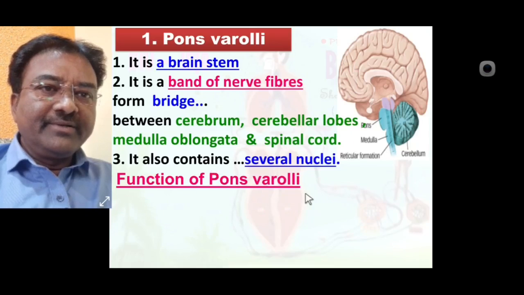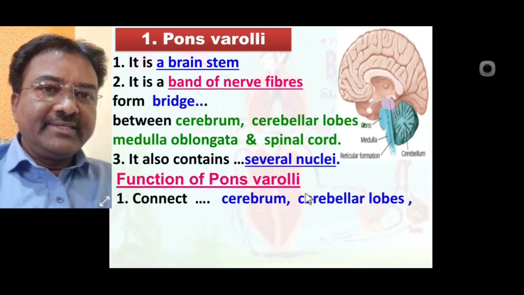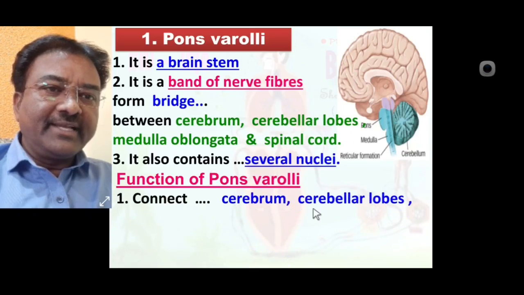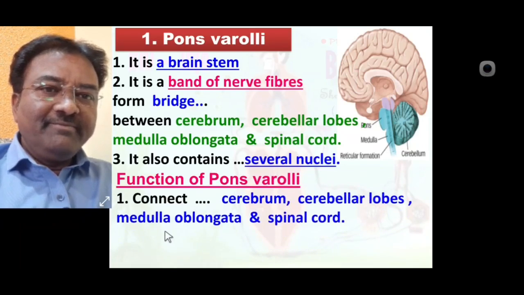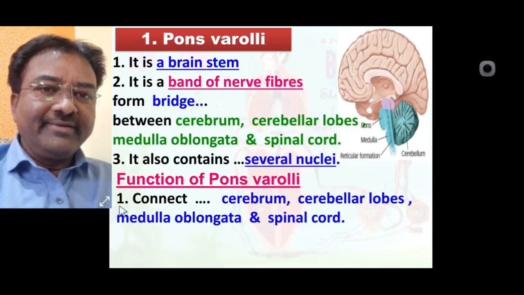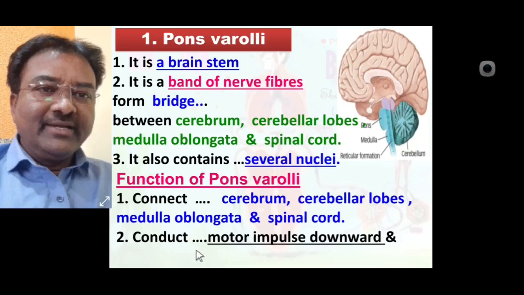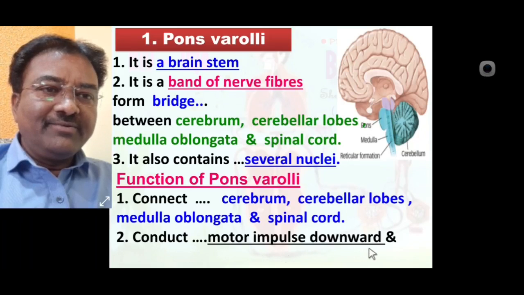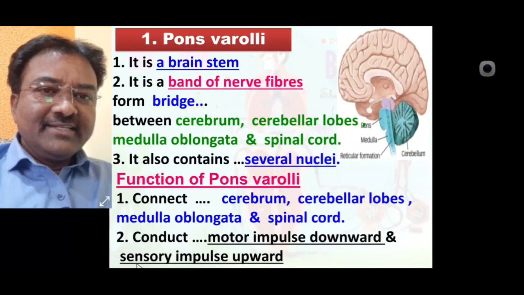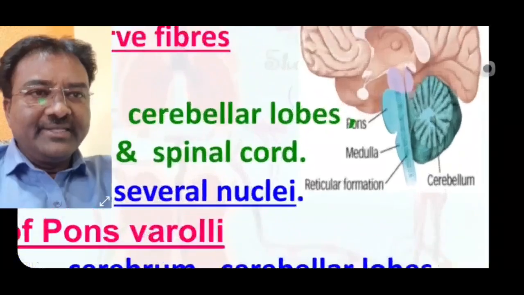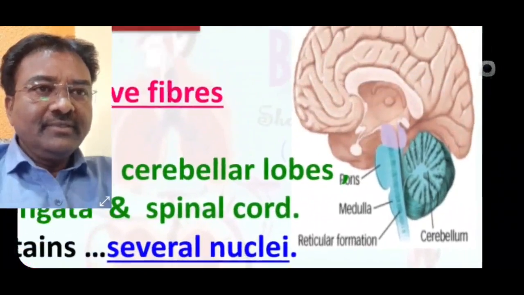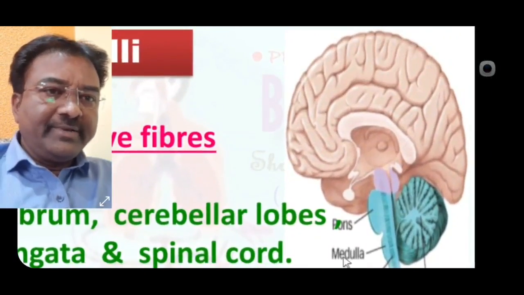Function of pons varoli: number one, connect cerebrum, cerebellar lobe, medulla oblongata and spinal cord. This is the most important function. Second function of pons varoli: conduct motor impulses downward and sensory impulses upward. Seen here, diagrammatic representation. This part is pons varoli.